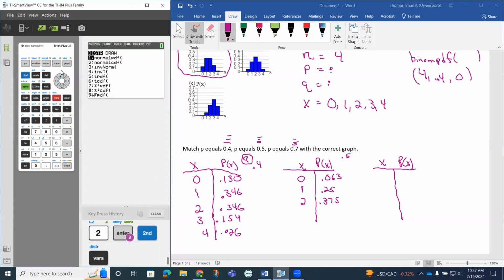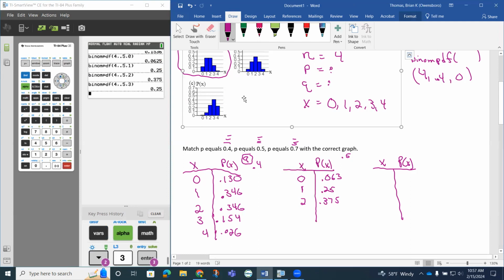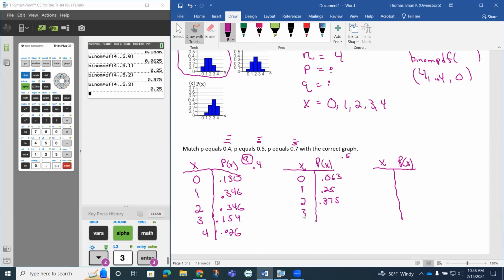That's starting to make a little bit of sense. So again, if I do alpha A again, and that's going to be now a 3, and we get 0.25. So 3 would be 0.25.